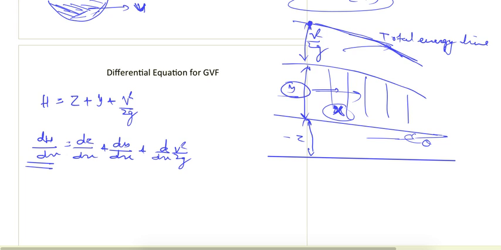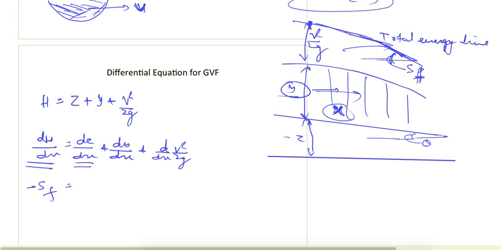We can see here it is decreasing in the positive x direction, and we denote this slope as Sf, that is friction slope. And because it is decreasing in the direction of flow, we take it as minus Sf.